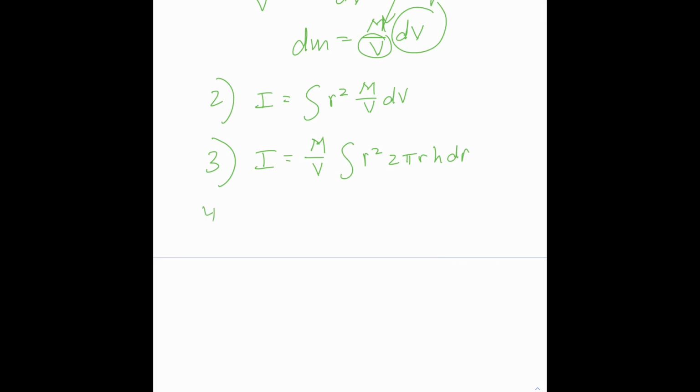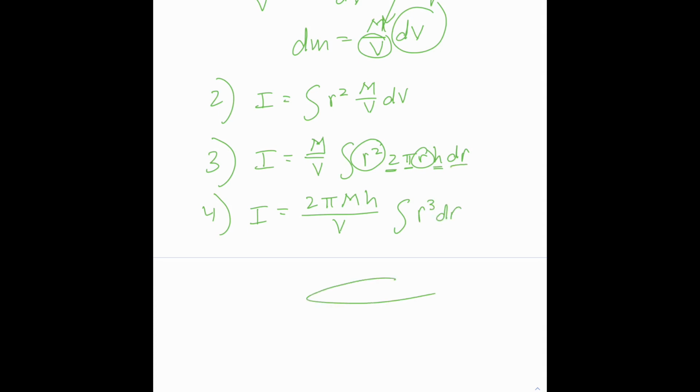All right. 2 pi and h are all constants. So now we have I equals 2 pi capital M h over V times the integral of r squared with an r, which gives us r cubed dr. Now what are our limits of integration?